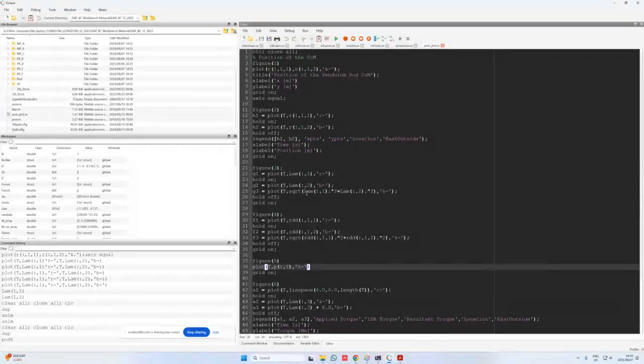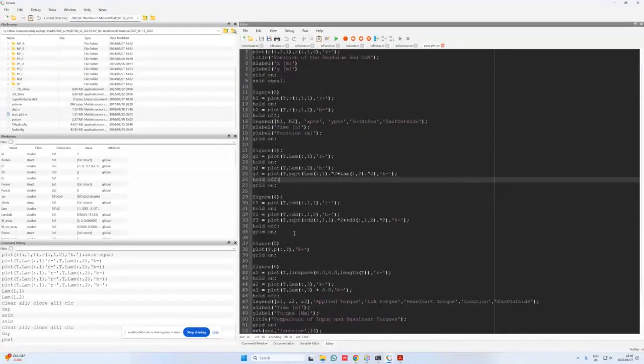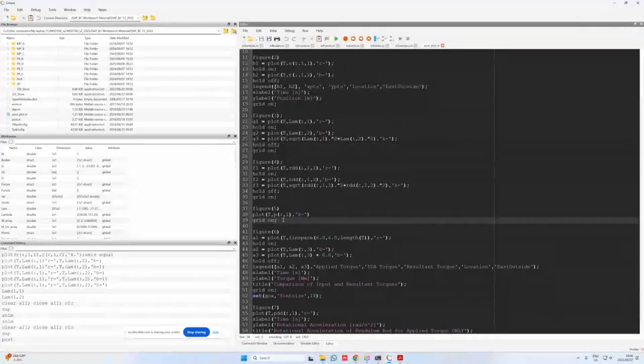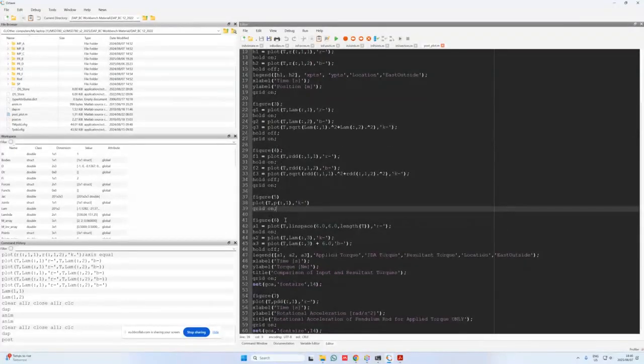Figure 3 then plots the reaction forces associated with the pin joint. Figure 4 is then the accelerations as a function of time for the center of mass of the pendulum rod. Figure 5 is simply the angle of the pendulum rod. And then figure 6 will be the applied torque, the inverse dynamic analysis torque.